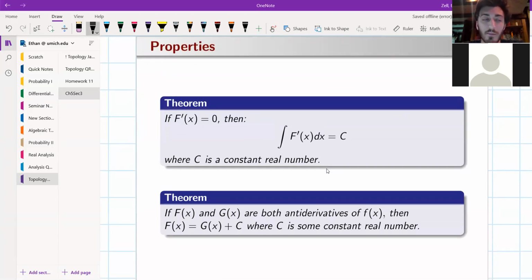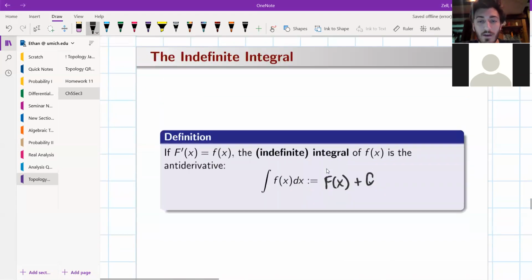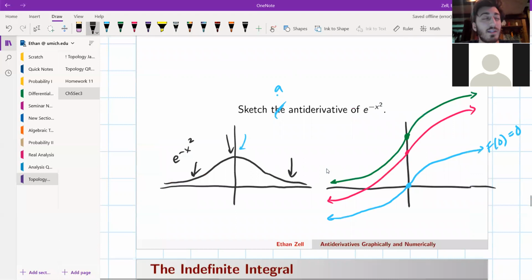And now let's take a look at a second property before I check in with people to see if we're okay. So if big F and big G are both antiderivatives, so there are two different antiderivatives, potentially different, they could be the same, then F of x is G of x plus c, where c is some constant real number. So we already kind of saw that, and I already said that. That was when we looked at these graphs here, we noticed they were all just vertical shifts of each other.